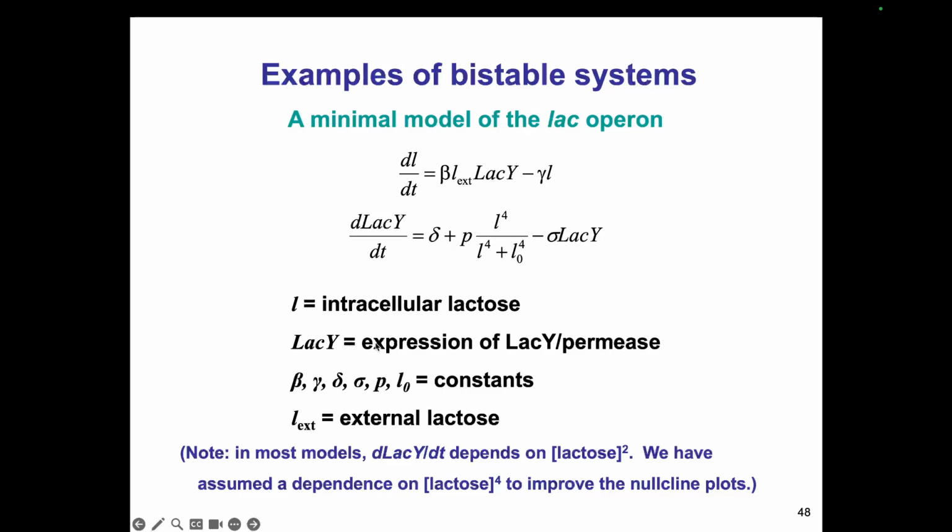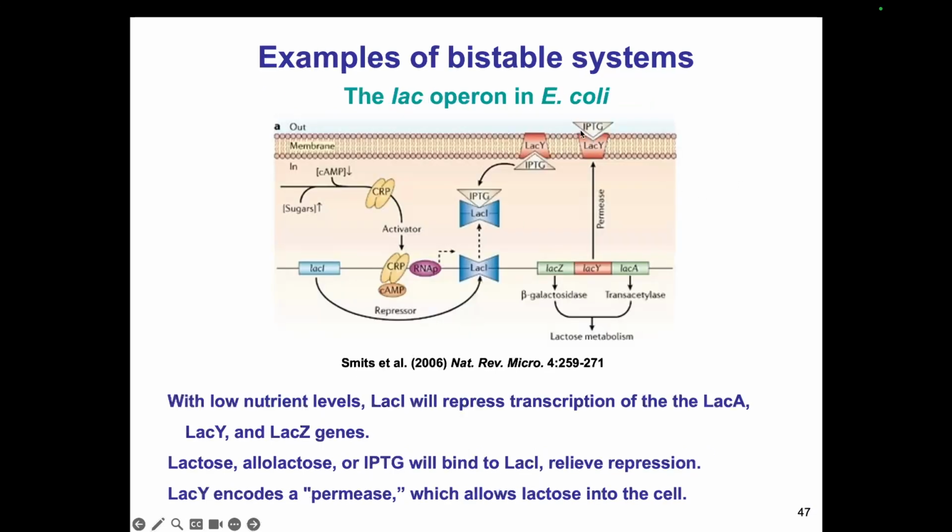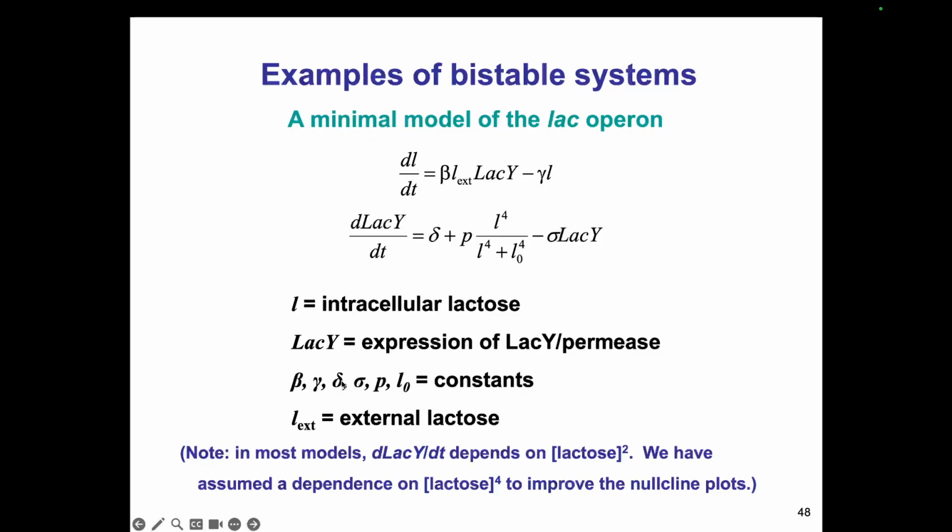L will be the intracellular lactose. LAC-Y is giving the expression of this particular gene, which is integrating the lactose. And beta, gamma, delta, sigma are all constants. And EXT is given by how much external lactose we get.